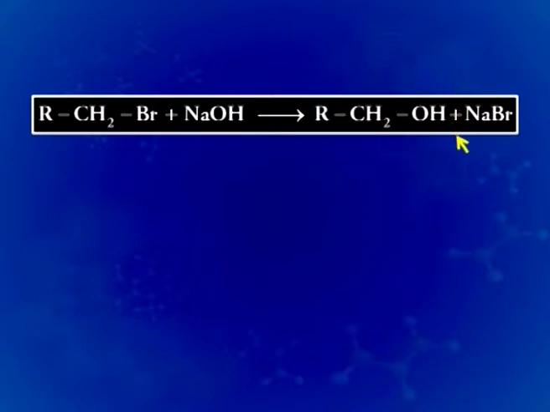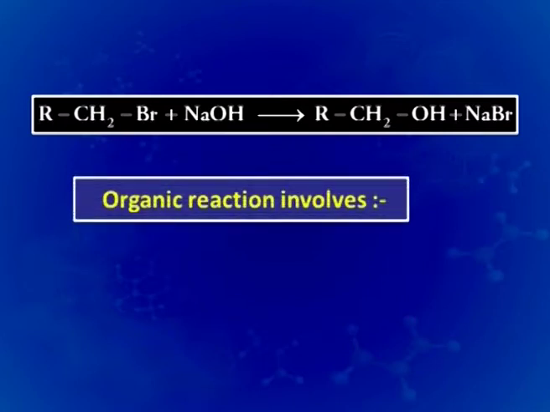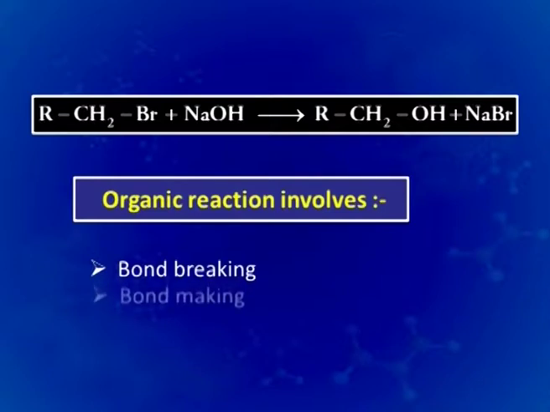In turn, what is the other thing happening? We are getting the formation of a new bond between the carbon of the alkyl halide and the hydroxy, which has come from the sodium hydroxide reagent. So, besides a bond breaking, there is a bond making. We can say that organic reactions involve bond breaking and bond making.